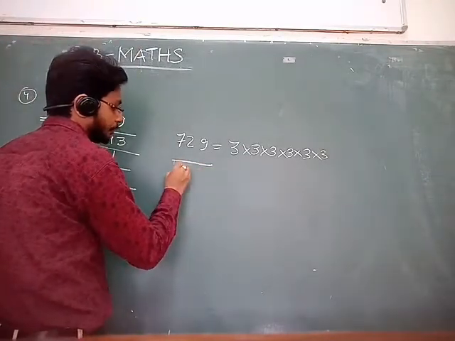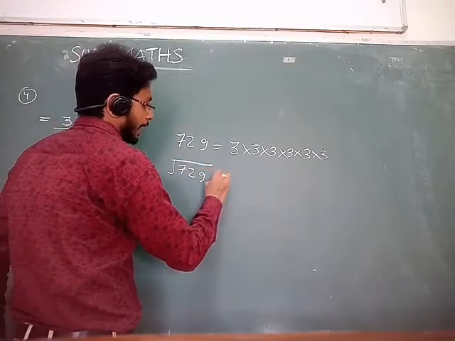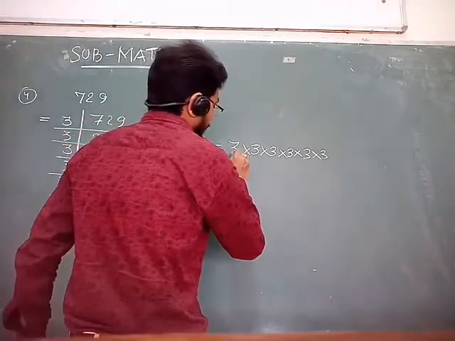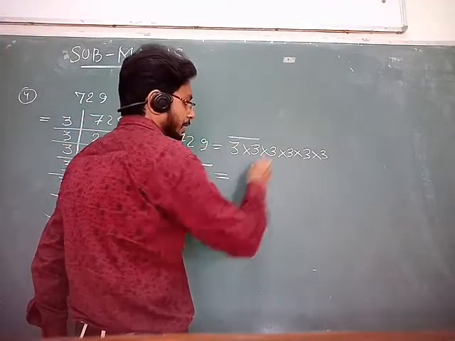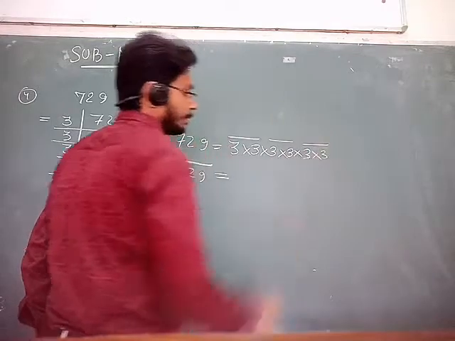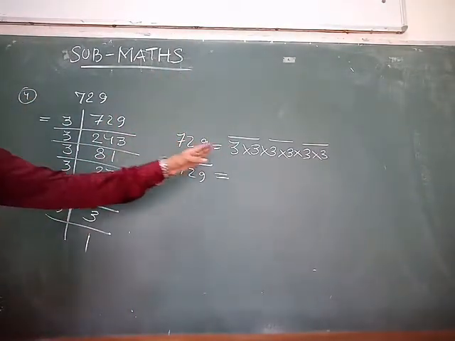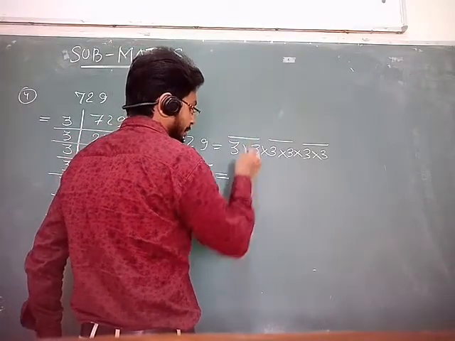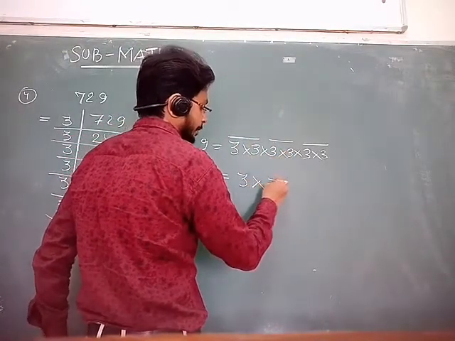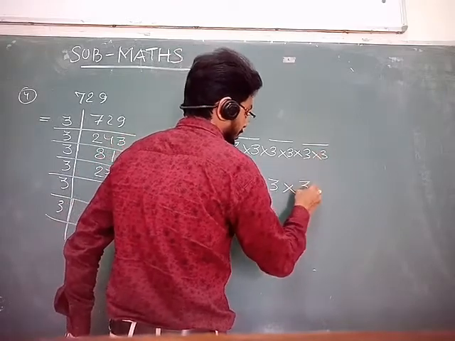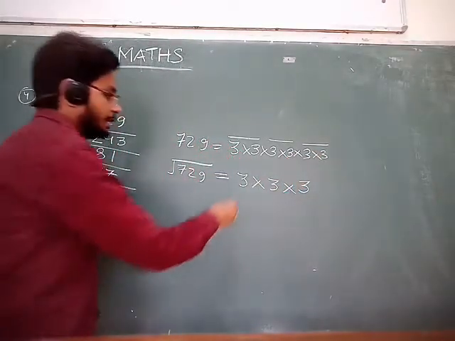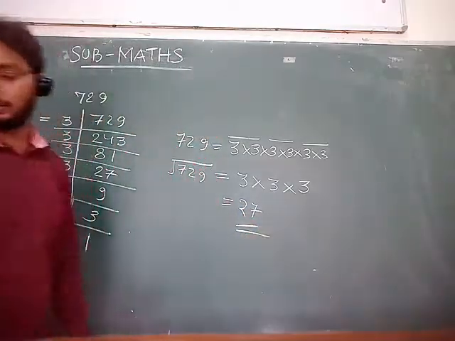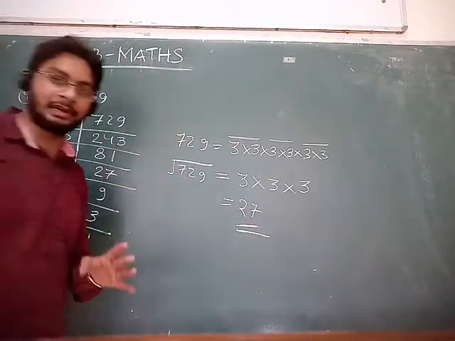So आप root लगाएंगे 729 में and will make pairs, पेयर्स बनाएंगे like this. 1 pair, 2 pairs, 3 pairs. So there are 3 pairs you can see. So you will take one 3 from this pair, एक 3 इस pair से, and 1 3 from this side. So you will get 3 3s are 9, 3 9s are 27. That is your answer. Is it clear?